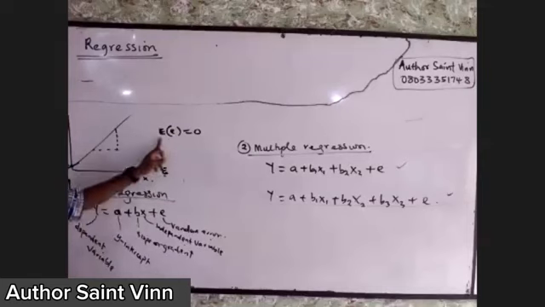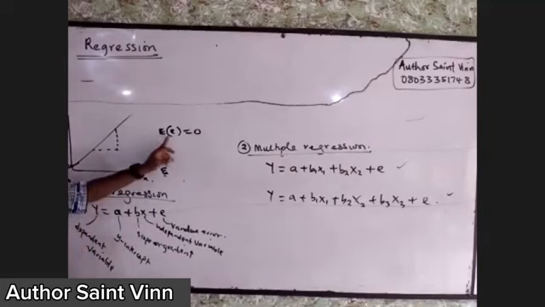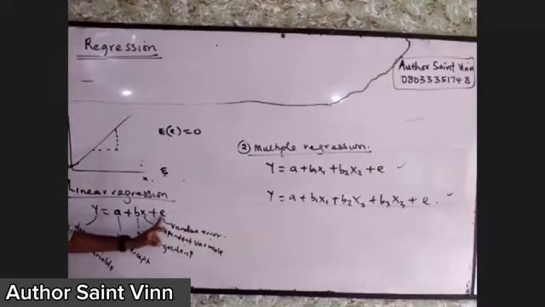There is the expected value, so at the end we will remove it and we get the one. But the expected value of what?